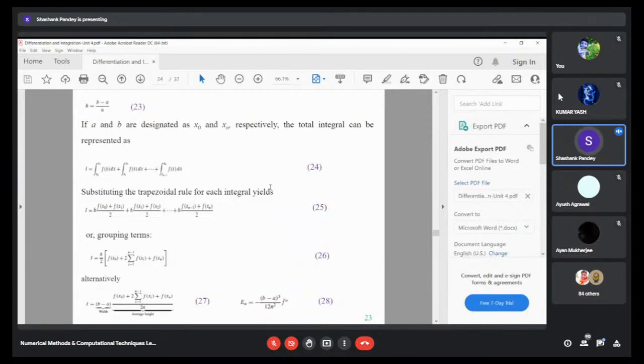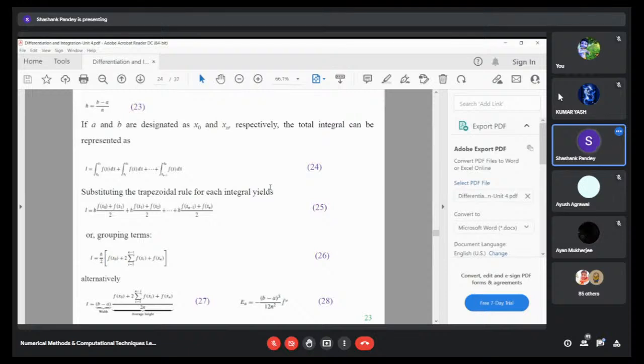Here you can see that the value of the integral for the first part, the interval lying between x0 and x1, is nothing but h times f of x0 plus f of x1 divided by 2, and so on. Once you simplify equation number 25, we get equation number 26. So 26 is the main equation for the composite trapezoidal rule.